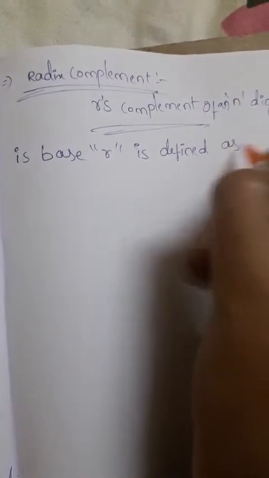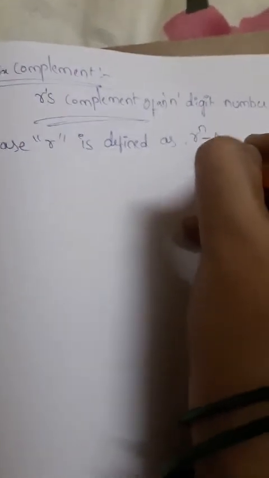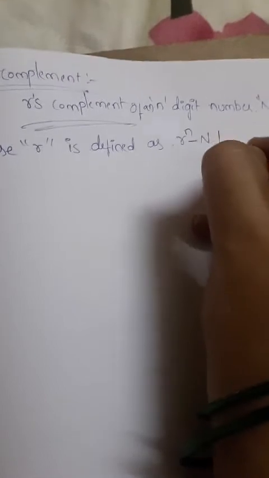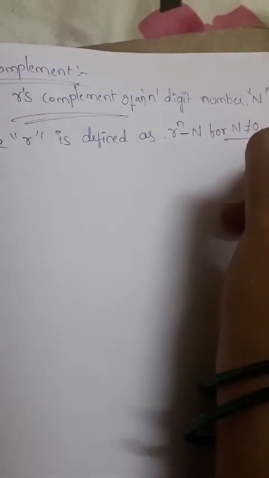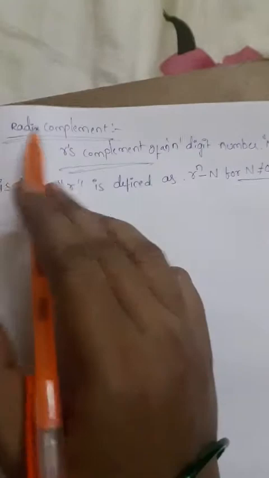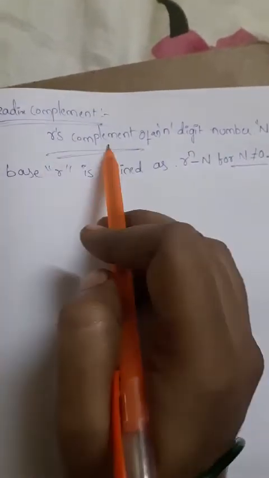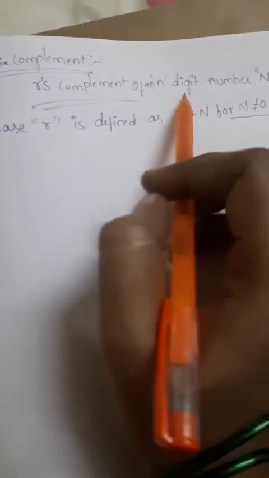Remember the formula, I can write it here: r to the power n minus N, for N not equal to 0. This is the condition. So what is the radix complement here? Whatever r's complement we are taking, we can define it for any number system of base r.